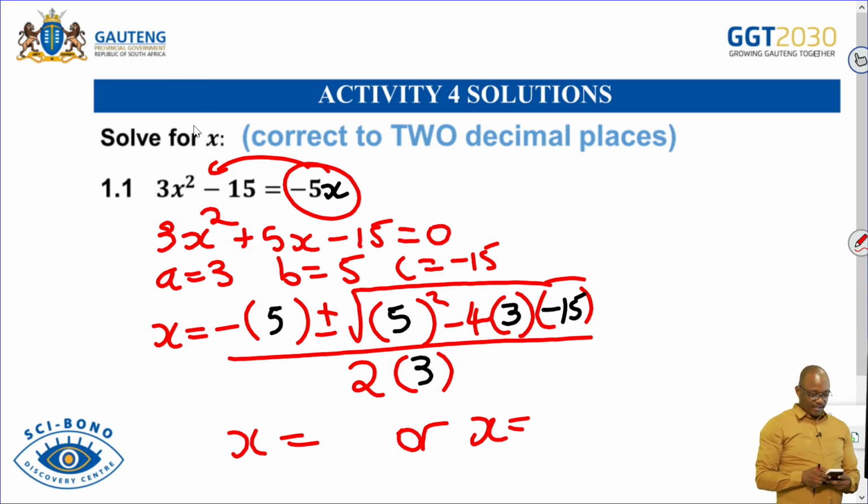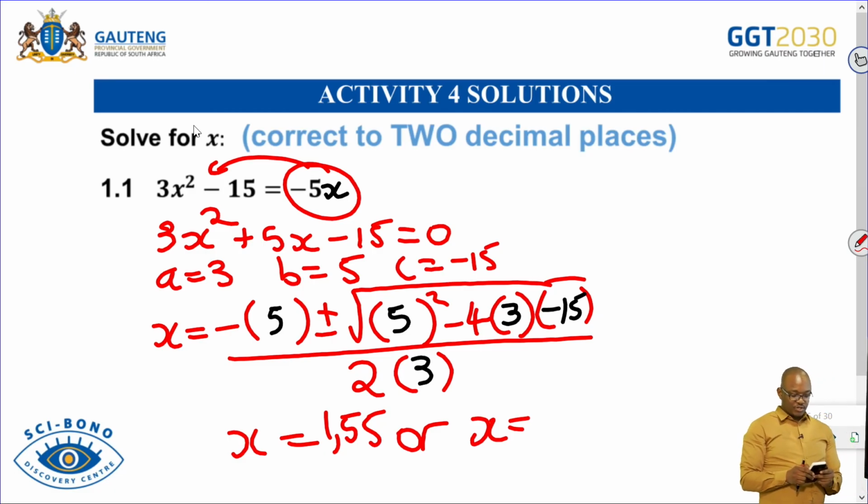Then, having that, we're going to have negative into 5 plus the square root of 5 squared minus 4 into 3 and negative 15 all over 2 into 3. Then you will see that your answer here is going to be 1.55.